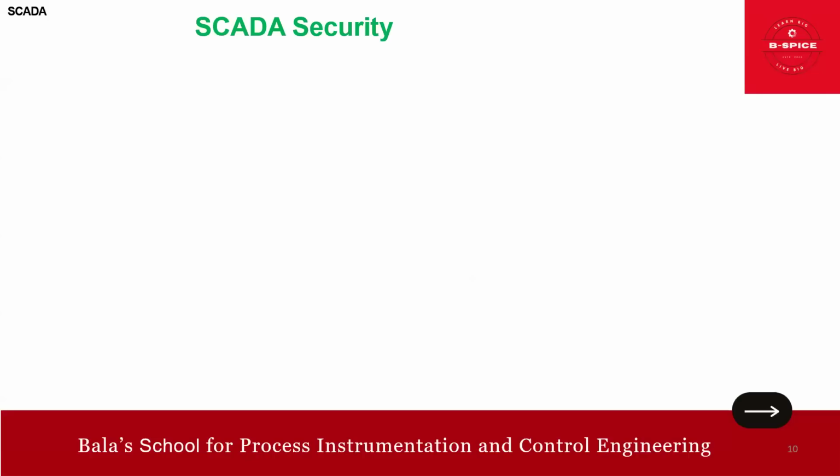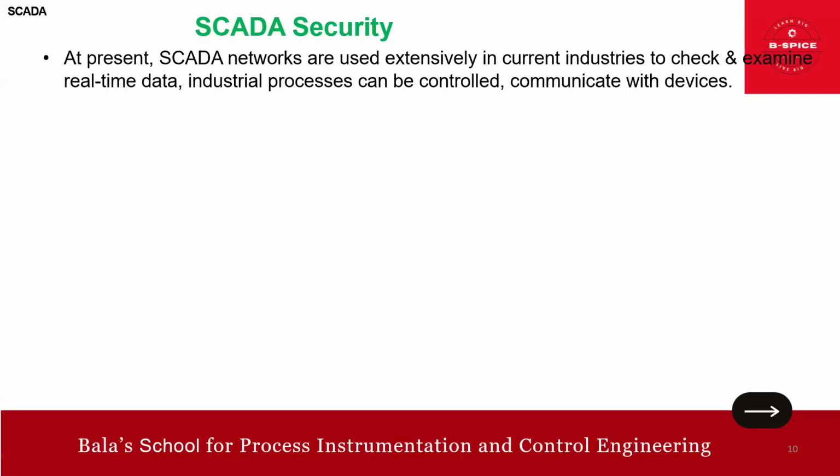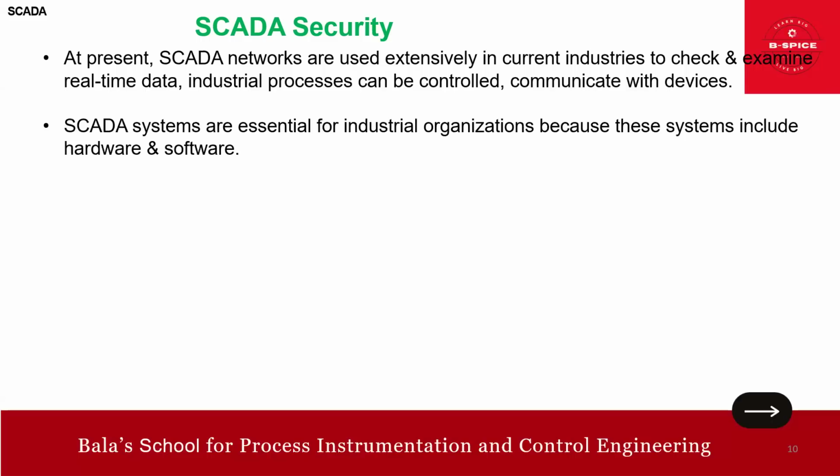Now we talk about SCADA security. Friends, at present, SCADA systems are used extensively in industries to check and examine real-time data, and industrial processes can be controlled and communicate with devices, right, friends? SCADA systems are essential for industrial organizations because these systems include software and hardware.